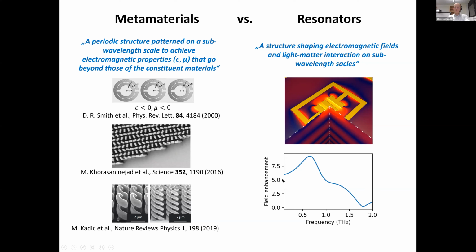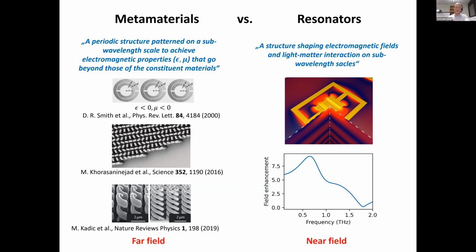And one property of such a resonator can be the enhancement of the electric near field somewhere inside this terahertz cavity as a function of the frequency, for example, showing here enhancement factors of up to about an order of magnitude, which already hints at this possibility of increasing the strength of light-matter interaction in these structures by orders of magnitude.